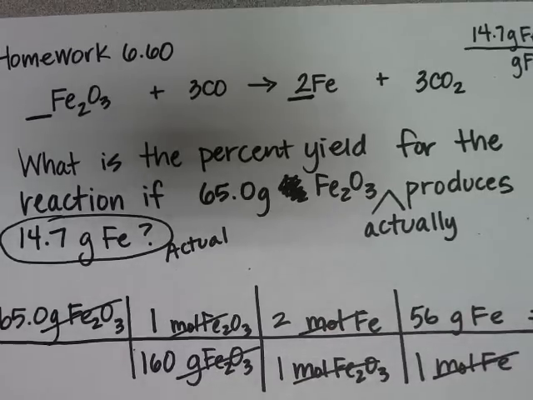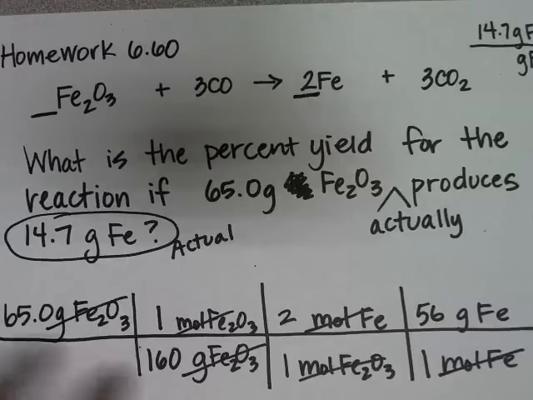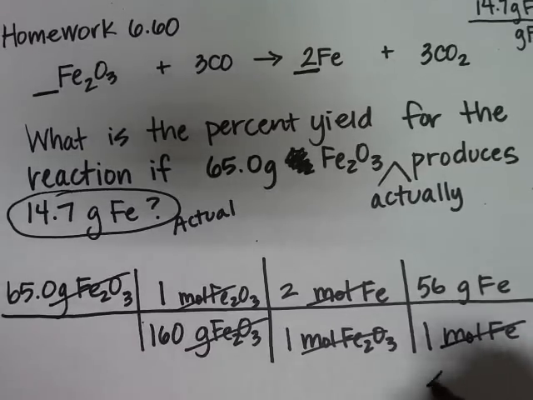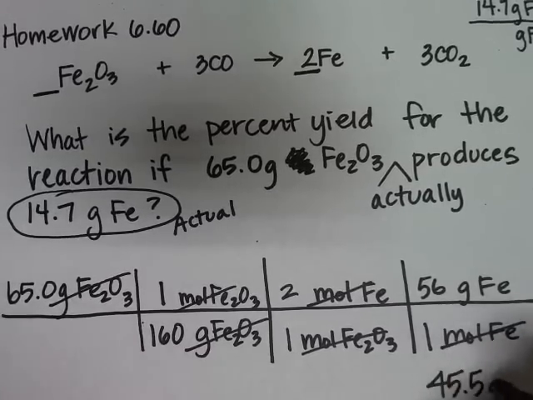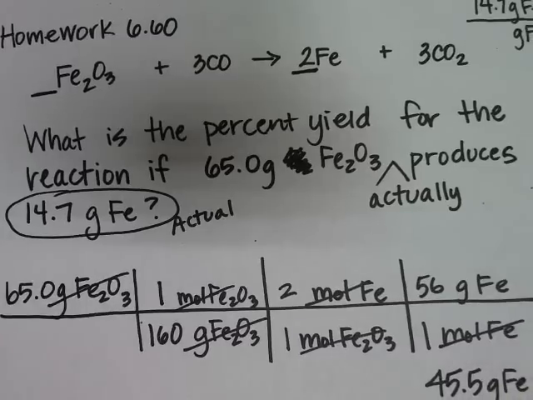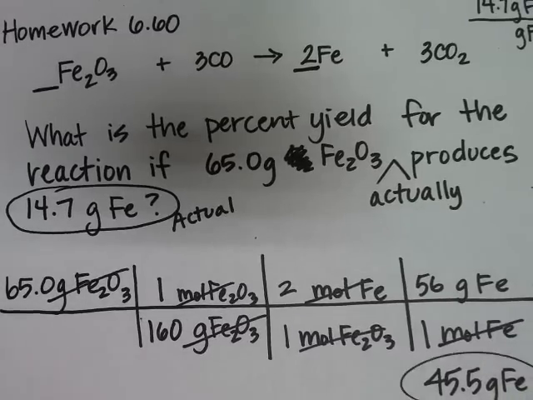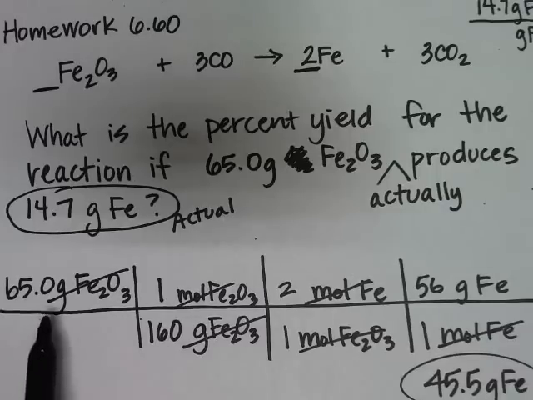Okay, so what is this going to tell me? When I calculate this dimensional analysis, 65 times 2 times 56 divided by 160, this is going to tell me, in theory, how much iron I could possibly make. This is the most iron I can expect to make if I'm reacting 65 grams of iron oxide.